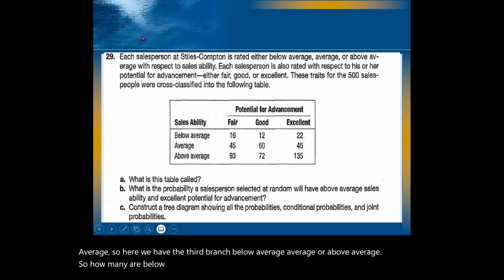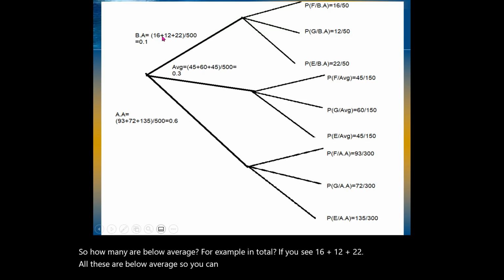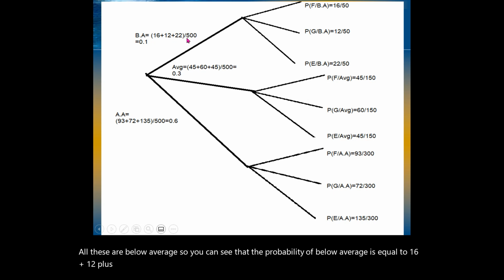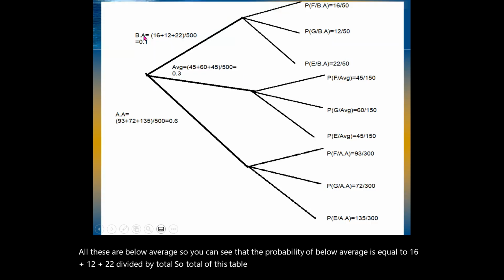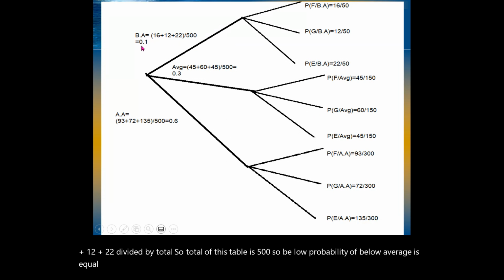For example, in total if you see 16 plus 12 plus 22, all these are below average. So the probability of below average is equal to 16 plus 12 plus 22 divided by the total. The total of this table is 500. So the probability of below average is equal to 0.1.